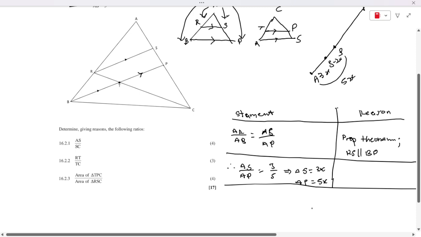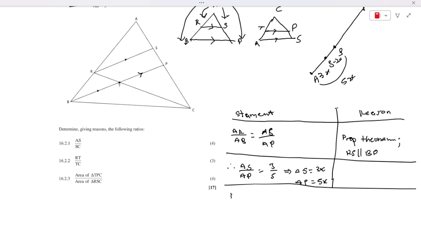So because we don't really have another thing here, I'm just going to say but AP is equal to PC. This was basically given, because they said it's the midpoint. So this was not something that we guessed or we derived. It was given.